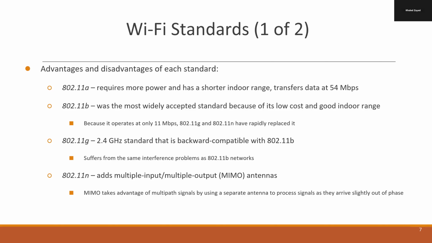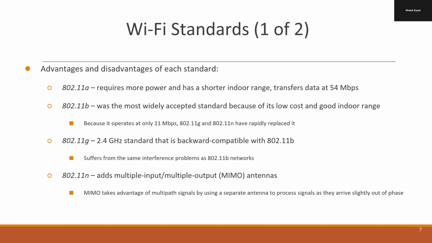The 802.11g runs on the 2.4 gigahertz band and is backward compatible with B, and it suffers from the same interference problems that 802.11b networks have.